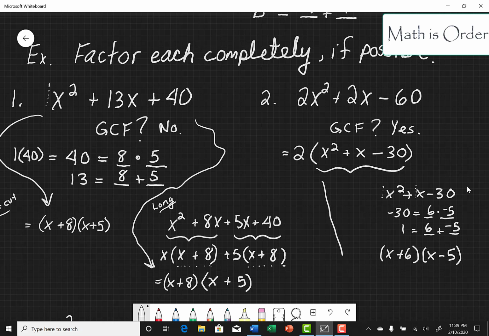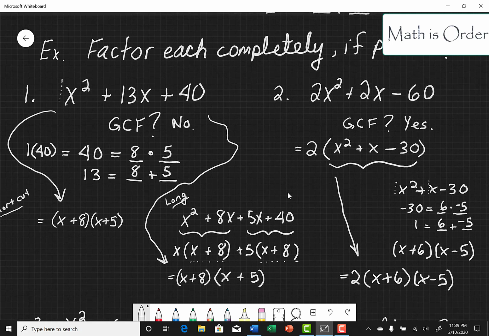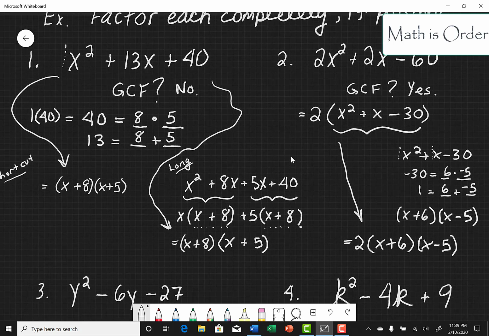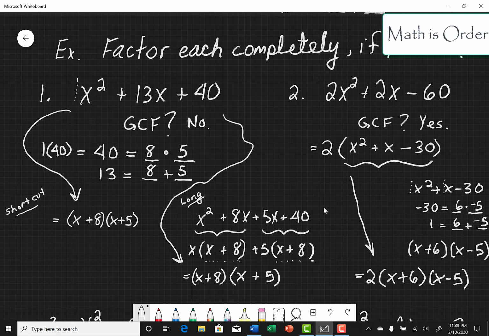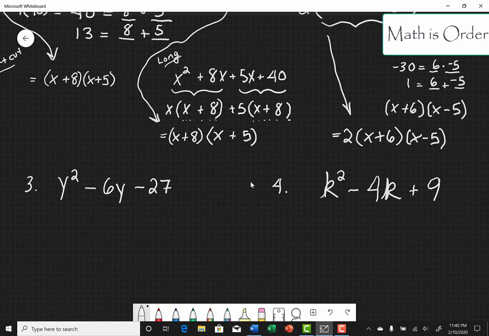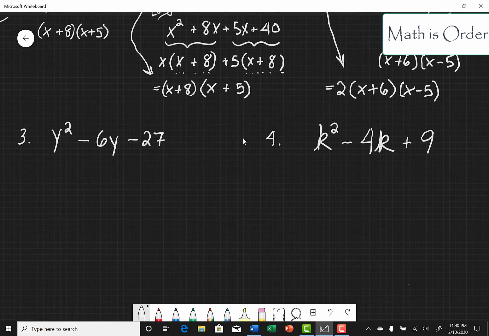So the final answer here is going to be 2 times x plus 6, x minus 5. And we could have taken the long way to do this problem also, right? And the long way is definitely going to be needed when you work with a coefficient that is not 1. All right, moving on to some other questions. Number 3 here.